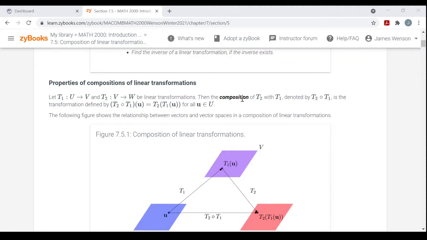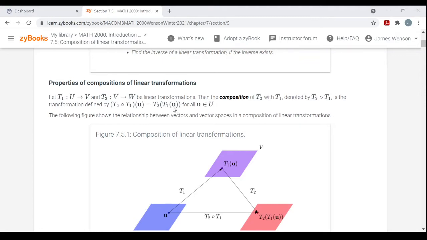Then their composition, the composition of T2 with T1, is denoted with this notation, T2, little O symbol, T1. That's T2 composed with T1, and it's the transformation defined by T2 composed with T1 of some vector U is T2 of T1 of U. So remember what happens in composition.